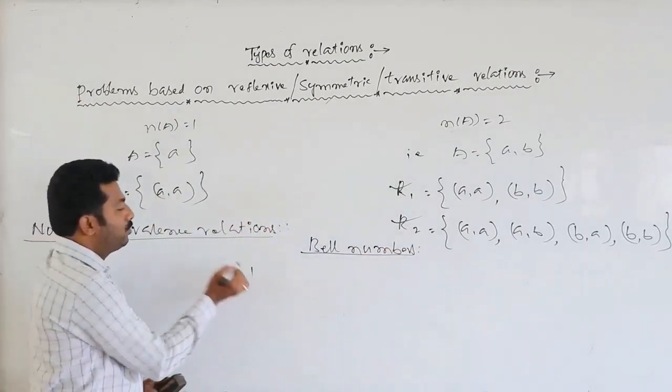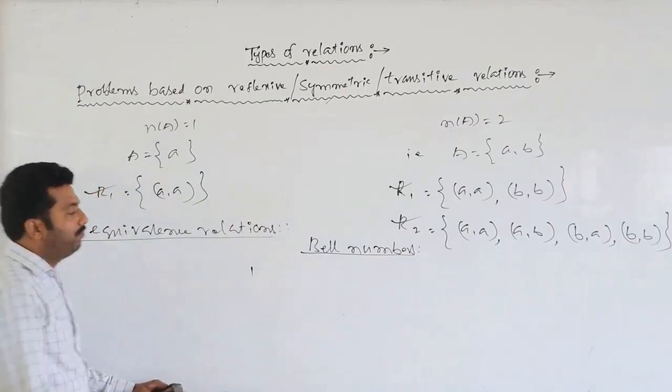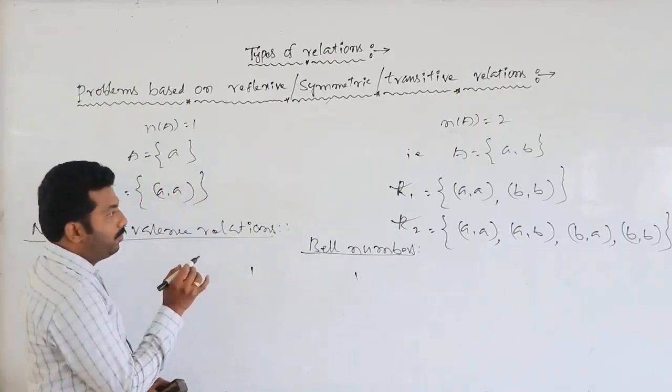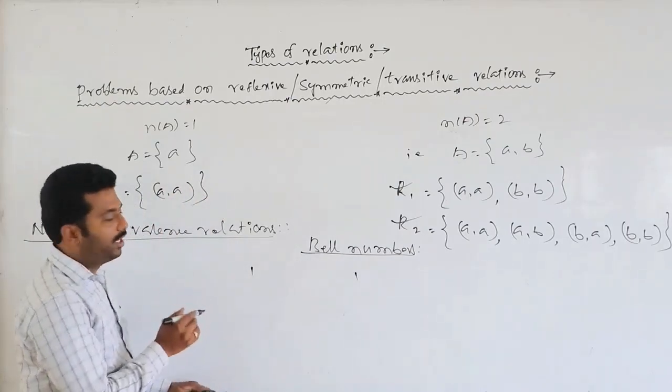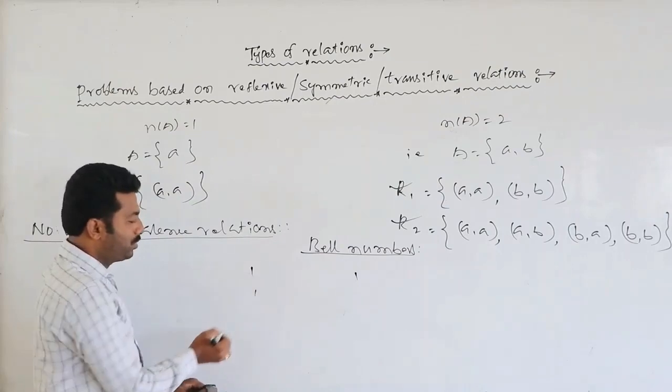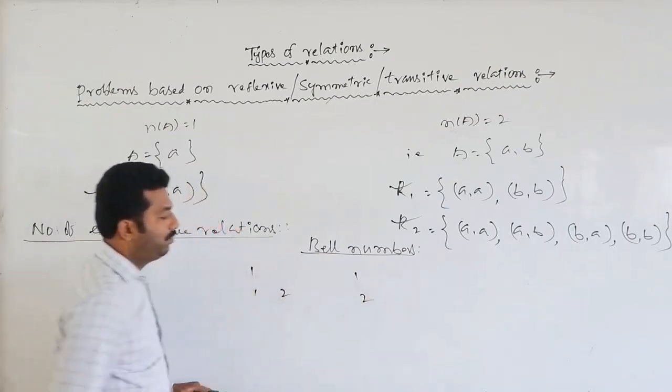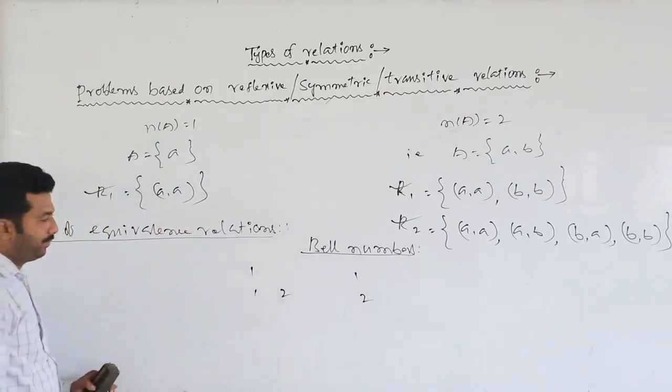Suppose A contains only one element, the number of equivalence relations is 1. Suppose A contains two elements, here 1 is the start, 1 plus 1, 2. So two equivalence relations are there.